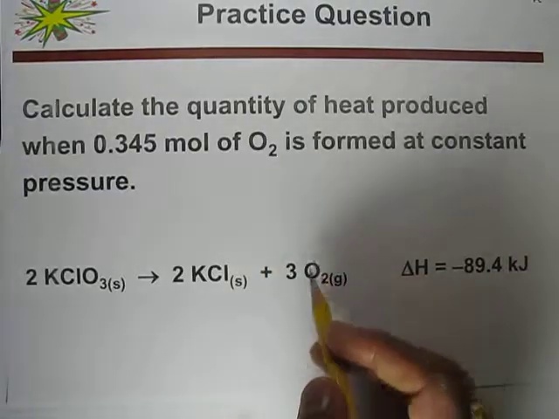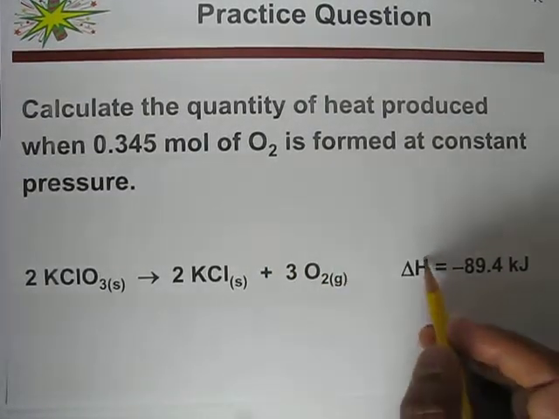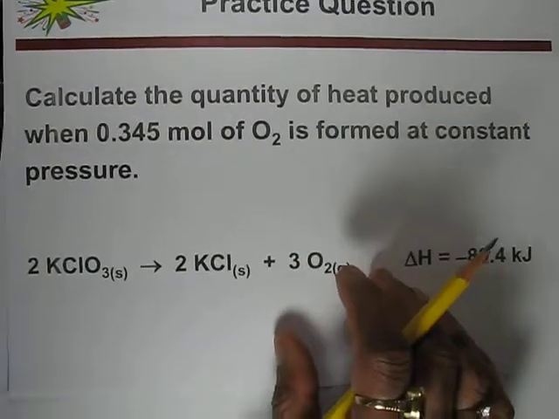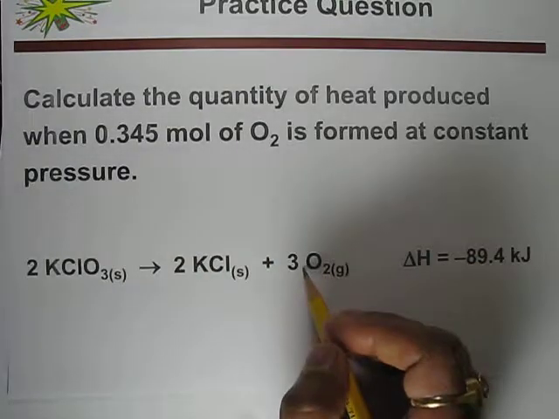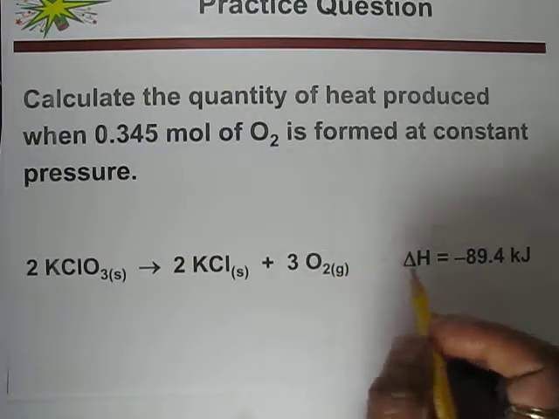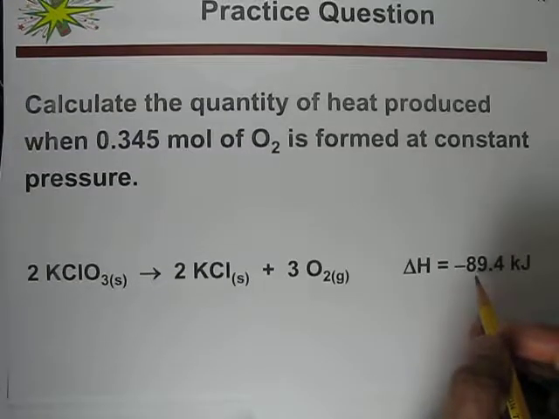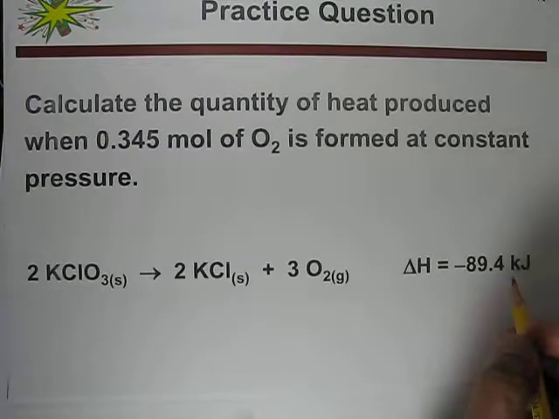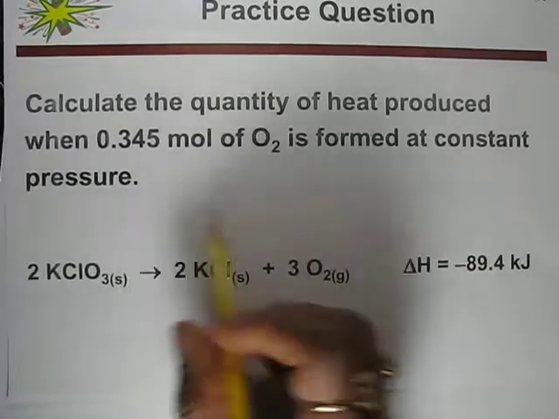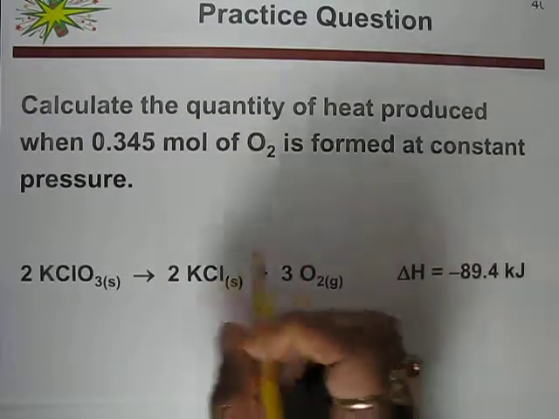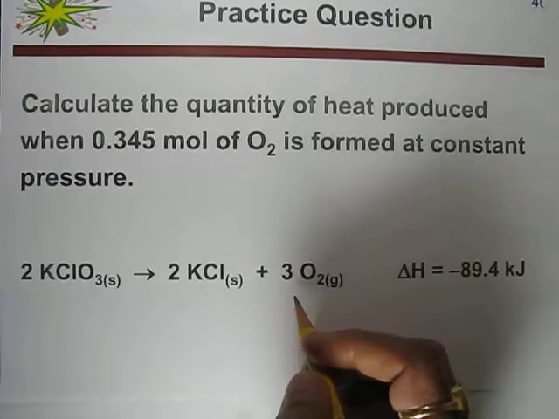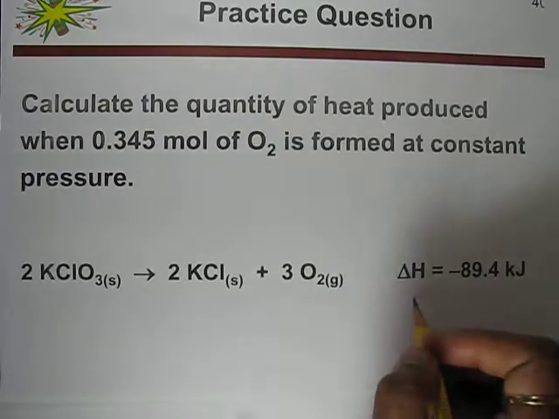So we have to consider only oxygen and enthalpy. When 3 moles of oxygen gas are produced, the enthalpy of reaction is minus 84.4 kilojoule. Now they are talking about 0.345 mole. So how much would the enthalpy of reaction be?